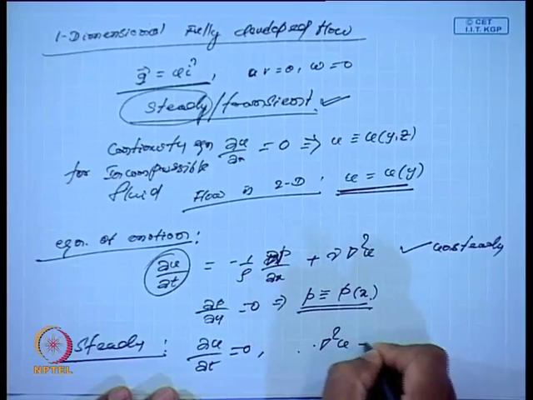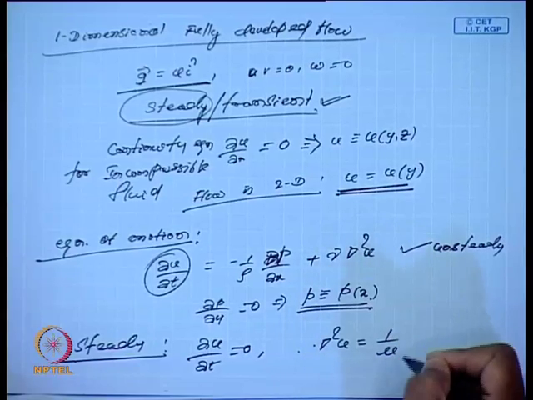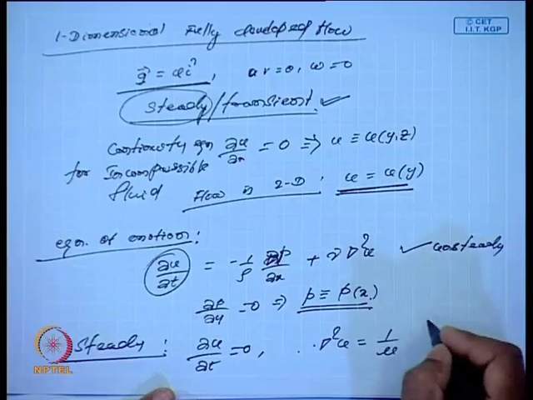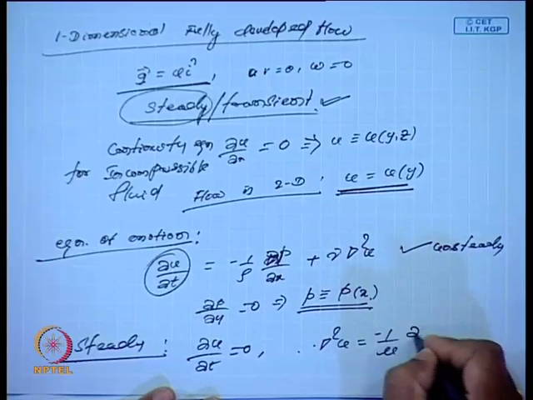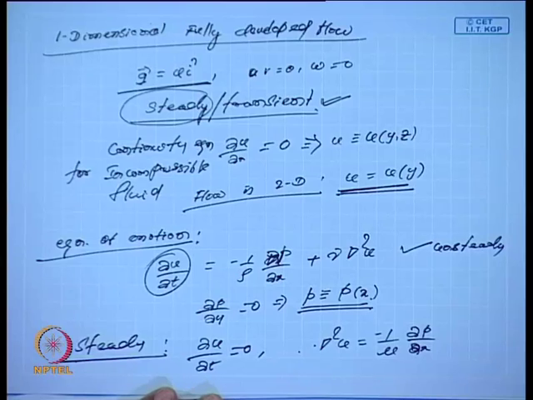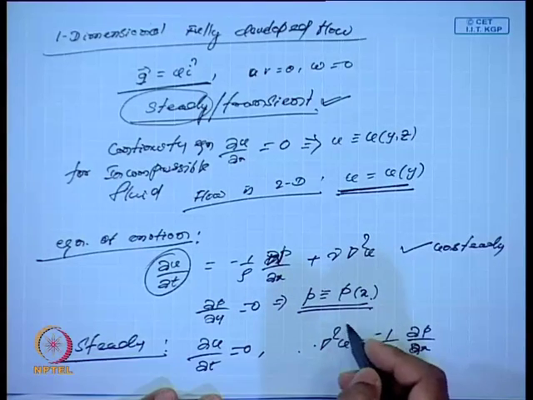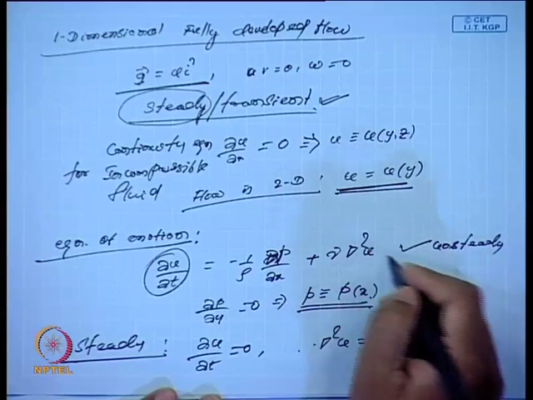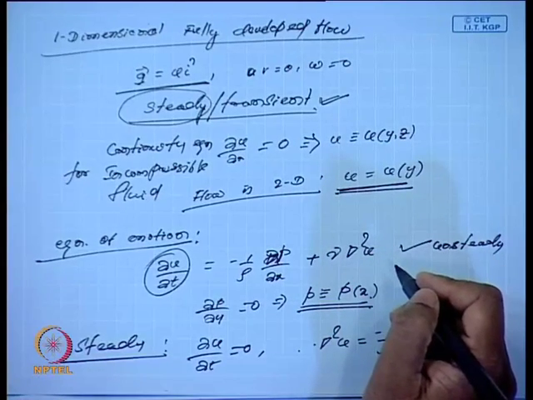del square u is minus 1 by mu del p by del x. Here we can see that u is a function of y only, and basically we are looking at the x component.